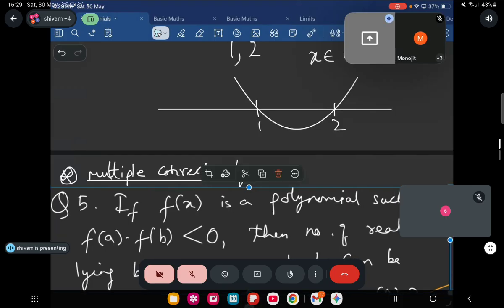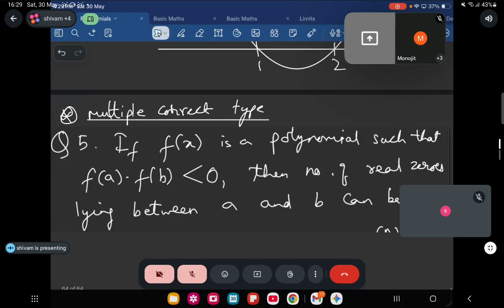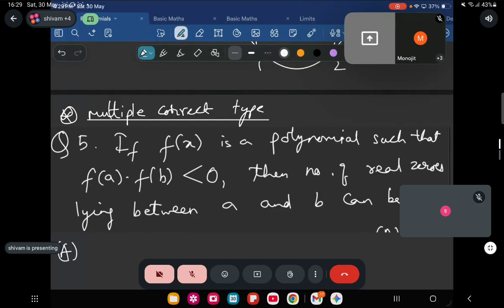This is question number 4. Okay, I'm writing down the options. Wait, write down the options. Option A 1, option B 2, option C 0.